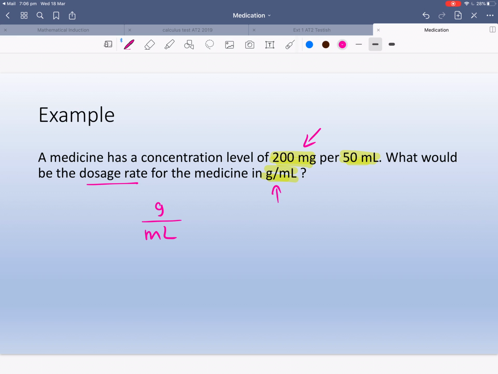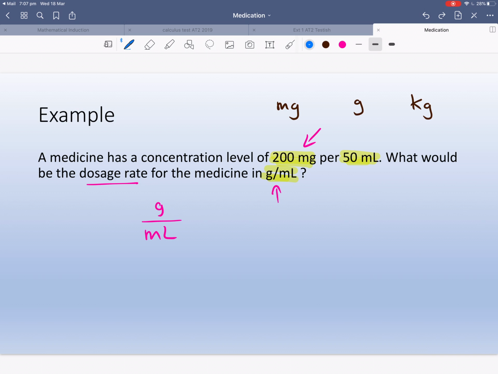Now to do that, we need to form a little conversion chart. So I'm going to put kilograms here, grams here, and milligrams here. Now this could easily be kiloliters, liters, and milliliters, but it is not in this case, but it'll work in the same way.